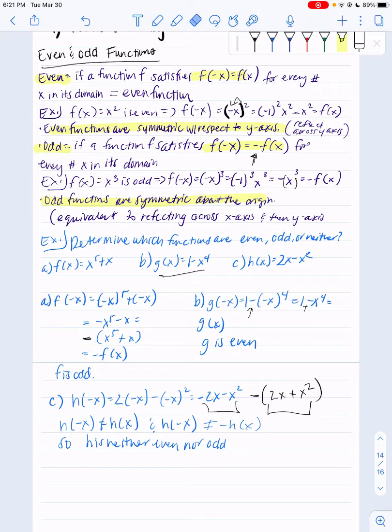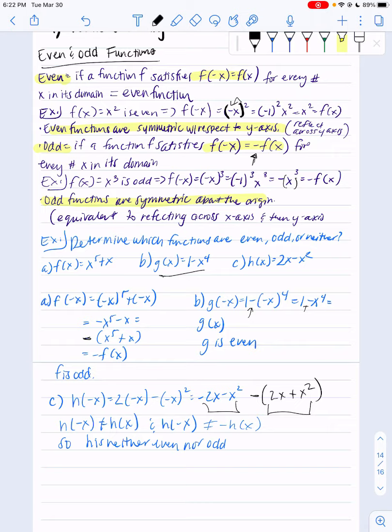I'm going to cube the -1 and the x, and -1 cubed is still -1. So I have a negative x cubed. So that's negative f of x because the -1 is out here, and then the x cubed is my original function. So f of x equals x cubed is odd.